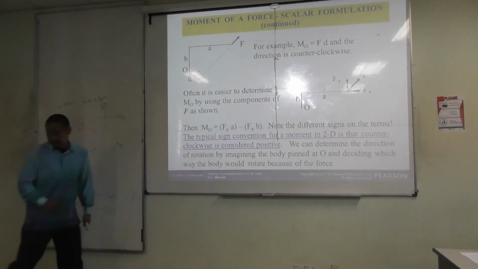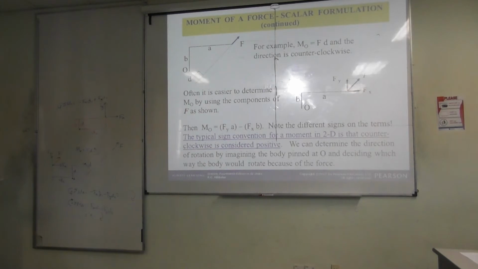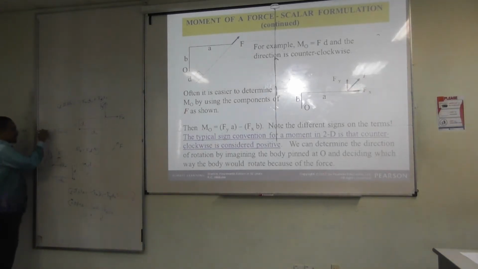Okay, so it's not about different signs, but the typical sign convention. For example, if you do summation of Fx equal to 0, right? You are free to say I want to take this as positive or that as positive. But generally, convention-wise, normally this is taken as the general one. But you still have to declare.